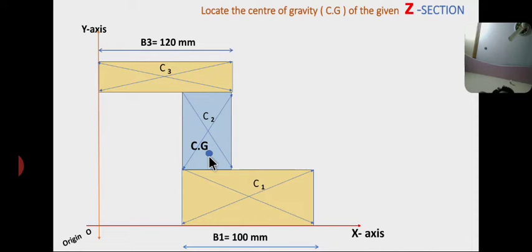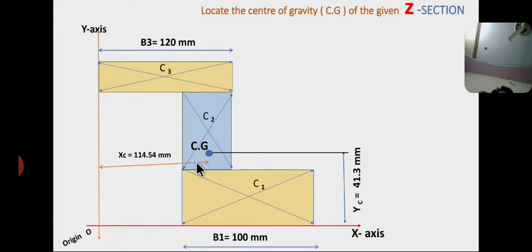So CG is the centroid of the entire Z section at a distance of XC equal to 114.54 mm and YC equal to 41.3 mm. So it is the centroid or center of gravity of the Z section. These are the final answers.